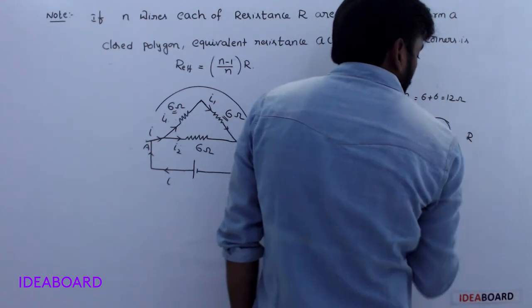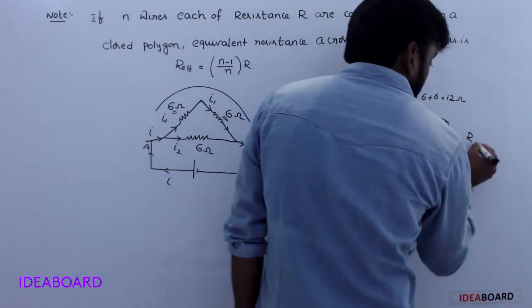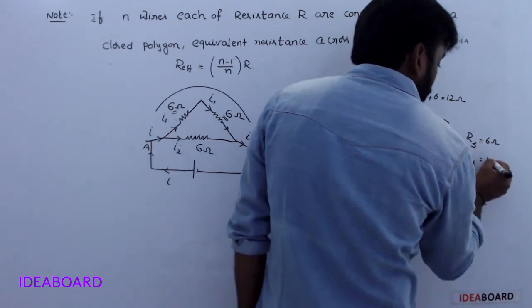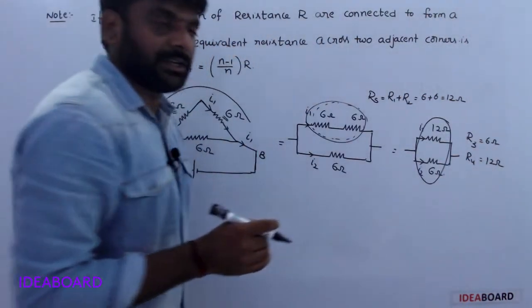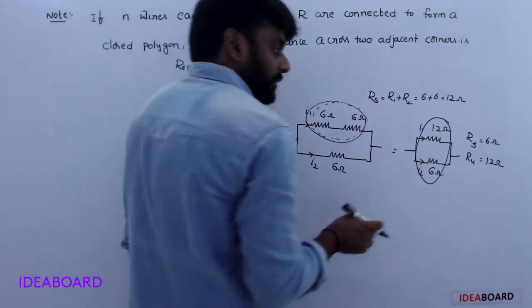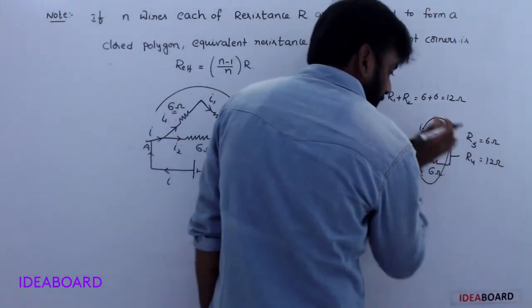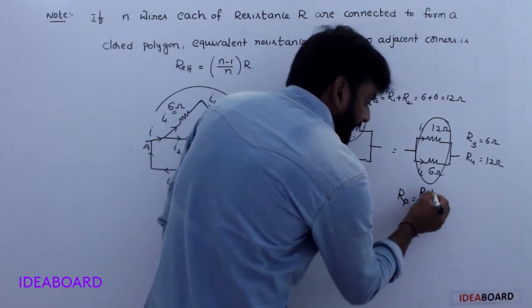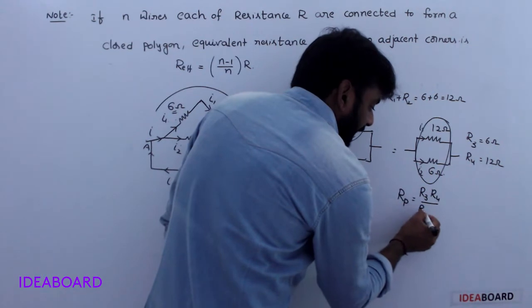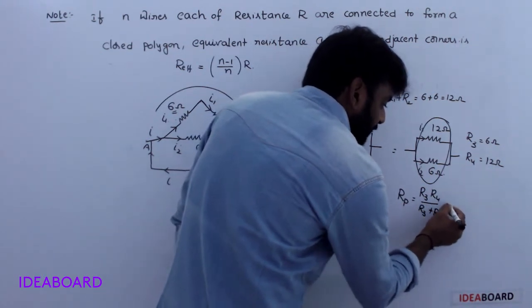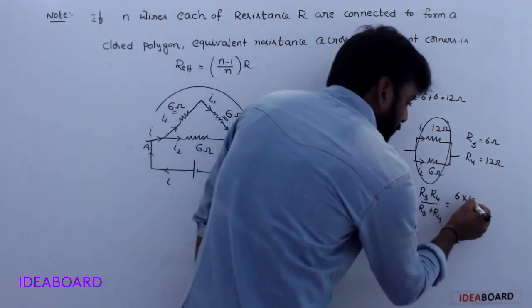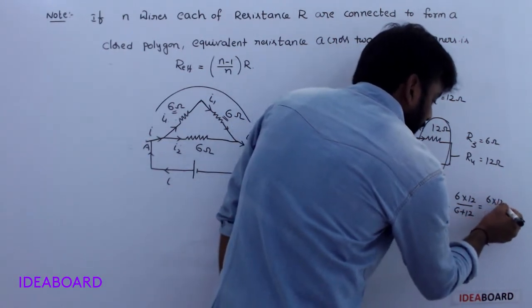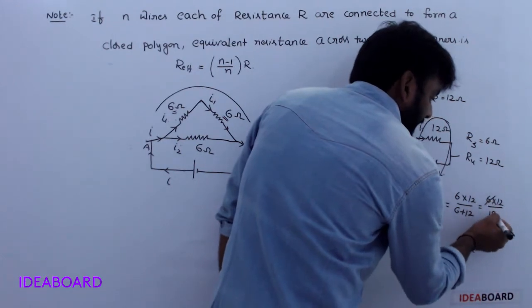For convenience, R3 is equal to 6 ohm and R4 is equal to 12 ohms. You know, in parallel combination, R3 R4 by R3 plus R4. That is 6 into 12 by 6 plus 12, 6 into 12 by 18.